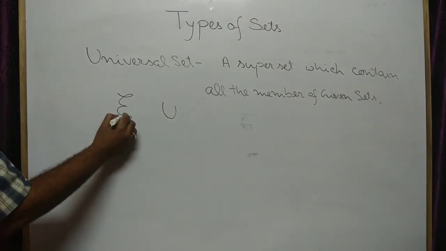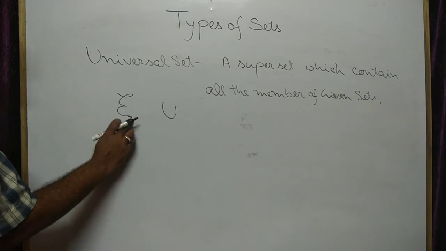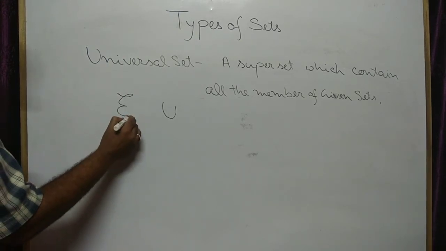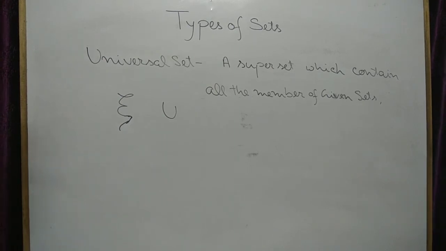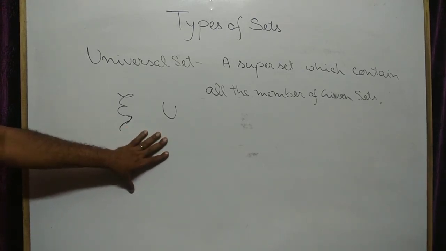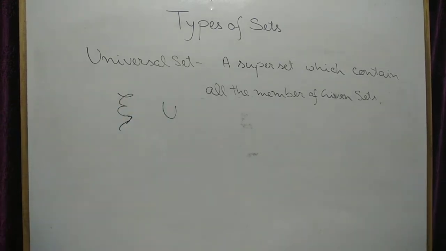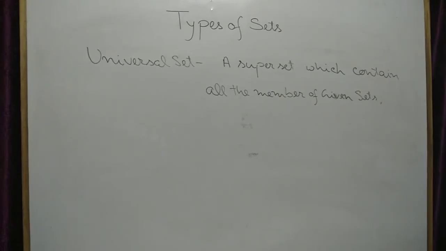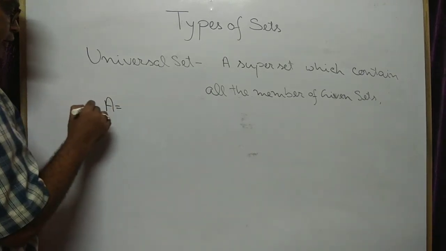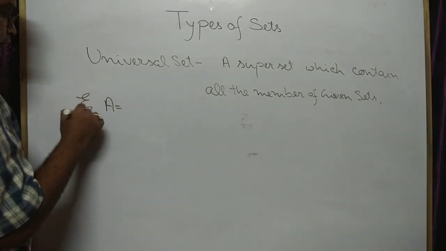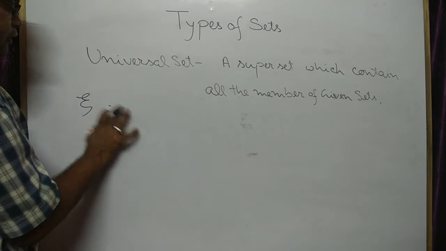Sometimes it is written likewise, but with freehand we use different types of symbols. These two are the symbols of universal set. Let me explain with an example. Suppose we have a universal set.